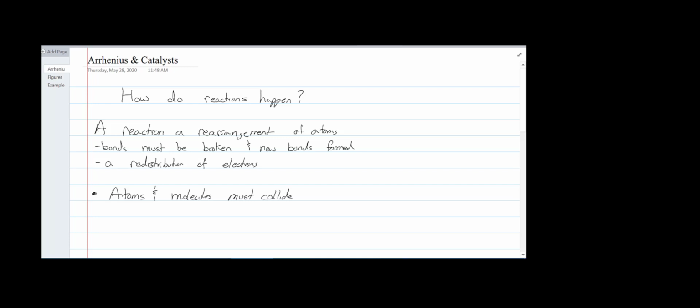There's a harpoon mechanism actually you can learn about, but that is not the norm, and they still have to be close. So atoms and molecules must collide with one another in order to react. That kind of makes sense.